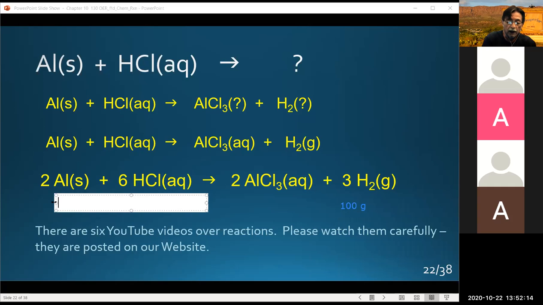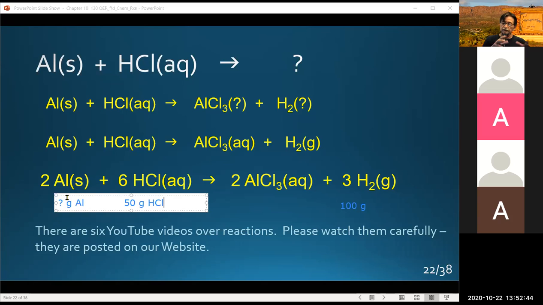Well, how many grams of aluminum do I need? Could be a typical question. Or if I start off with 50 grams of HCl, how many grams of aluminum do I need to get this reaction to proceed?